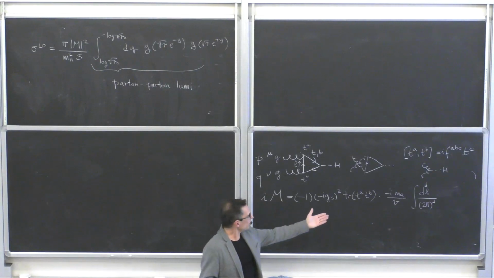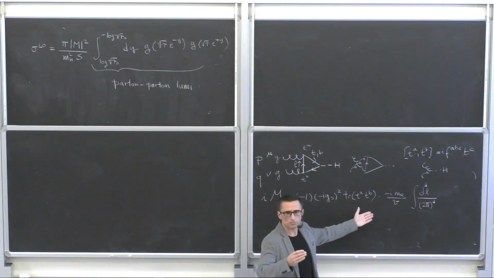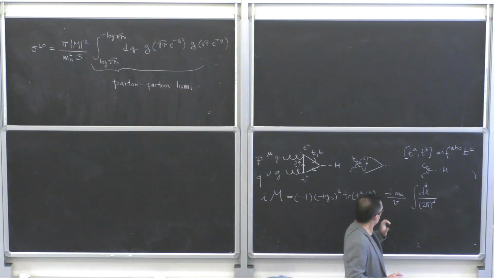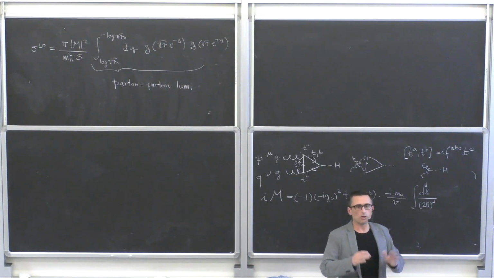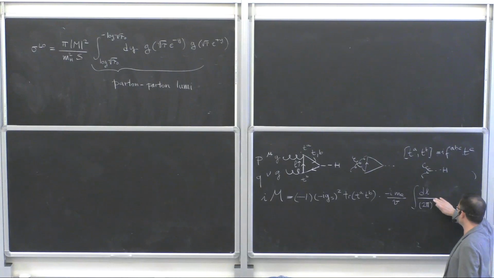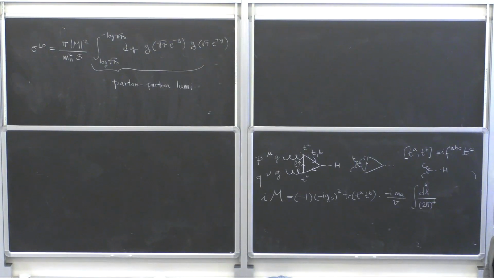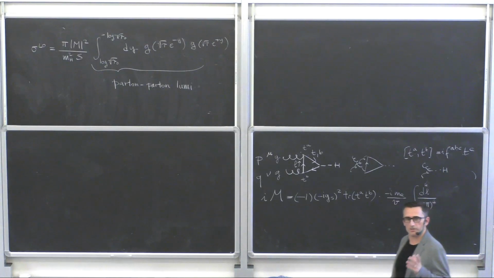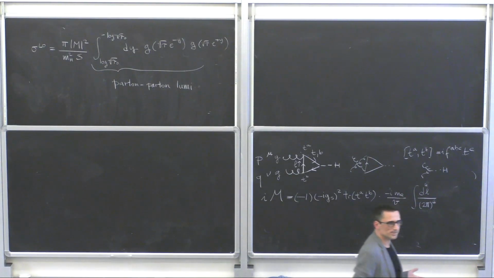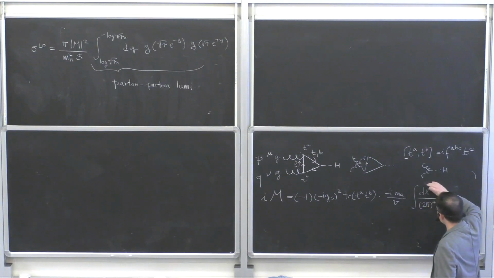But here, all operators are dimension maximum 4, so there is no mixing. So then you're all happy, and you say, okay, now we put D equal to 4 because it's finite. Well, it turns out that if you put 4, you get the wrong result. Which is a lesson.